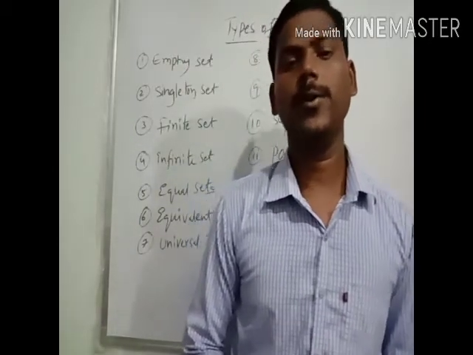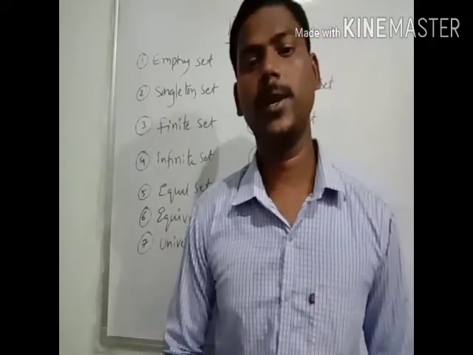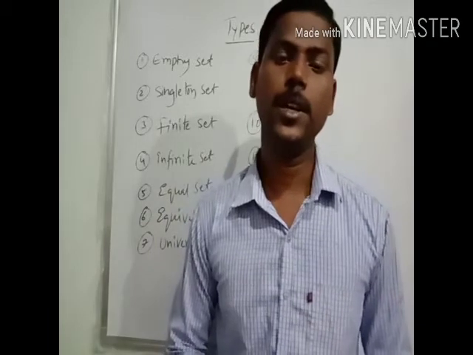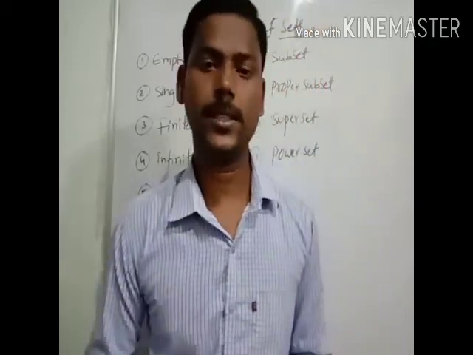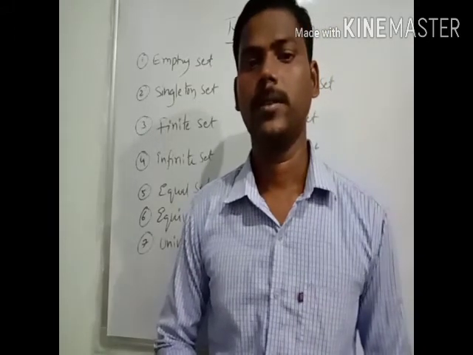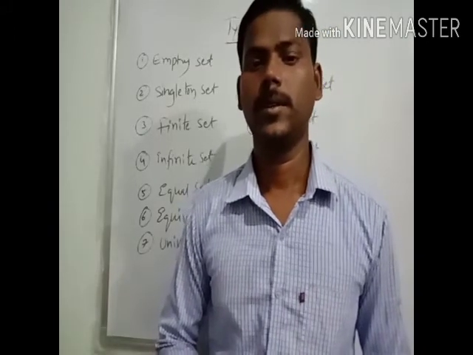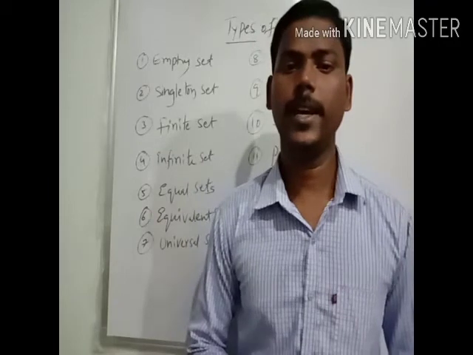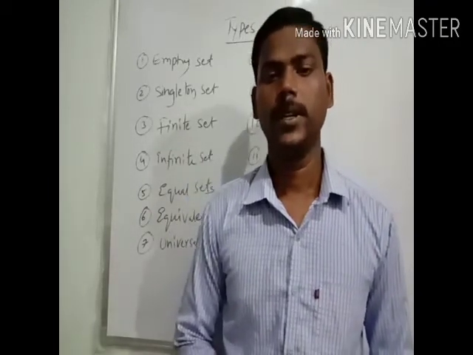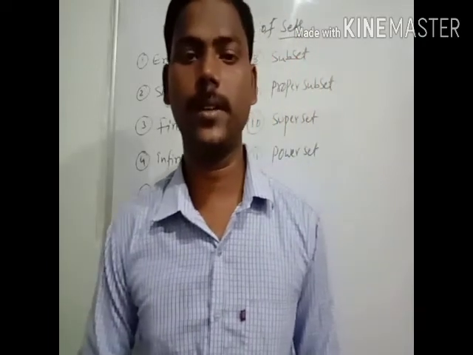So, how to describe the sets? There are two ways to describe, that is, to represent the sets. First one is what, children? Roster form method, or tabular form method, or list form method. What is the roster form method, children?